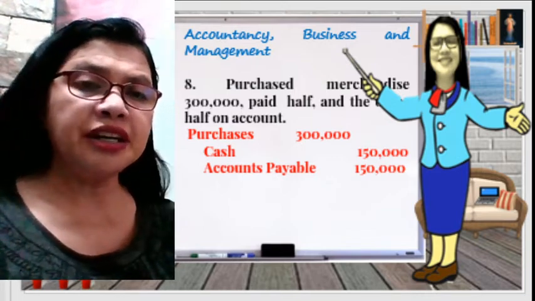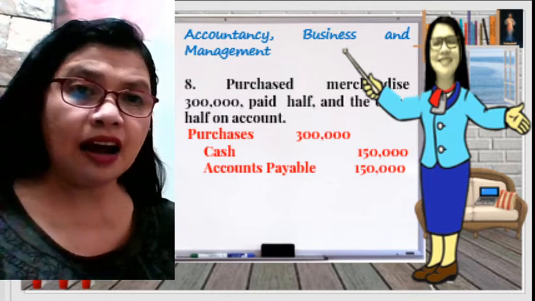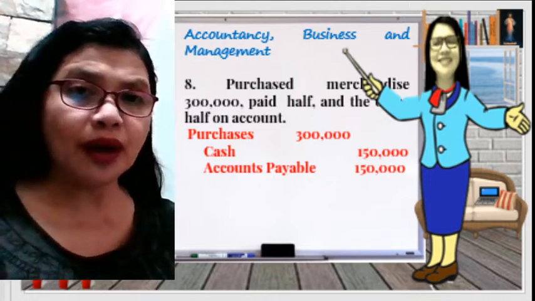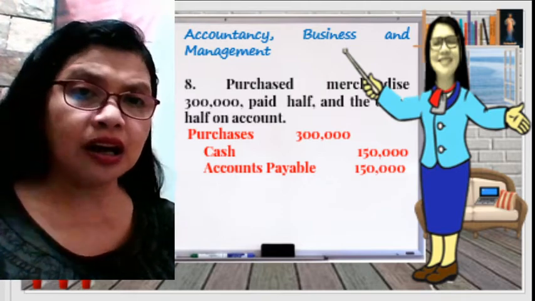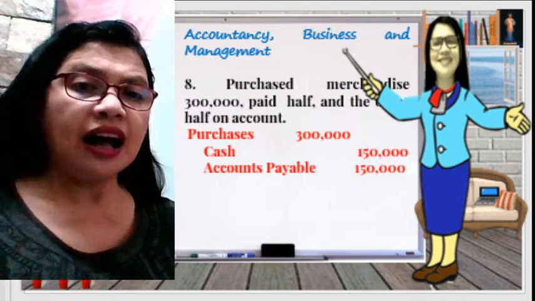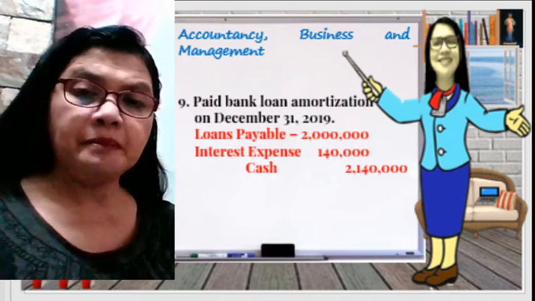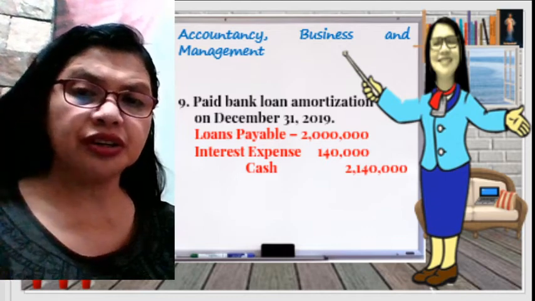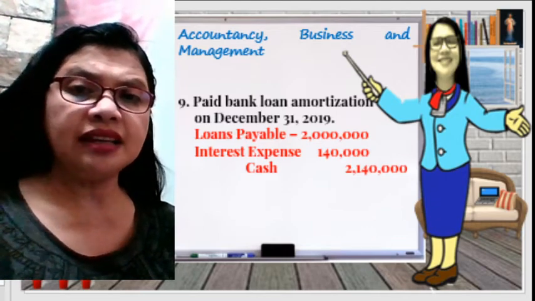So he recorded purchases, 300,000, and since it was paid half, you have to credit 150,000 for the cash, and the other half was on account. So we have to acknowledge an accounts payable of 150,000.